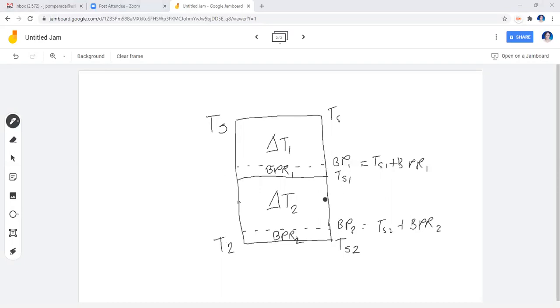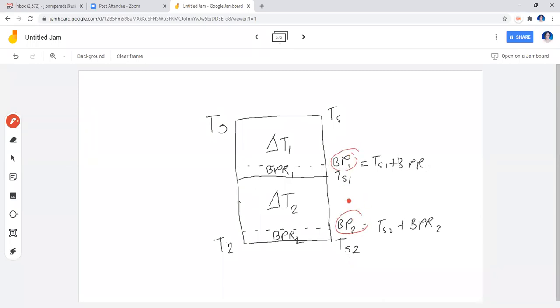Now, what's the difference then in the manner in which we do material balance, or shall I say specifically energy balance, for each of your effects? When you do the balance for each of your effects, you are not going to use the saturation temperature, this one and this, in determining the enthalpy of the solution, but rather you're going to use this.